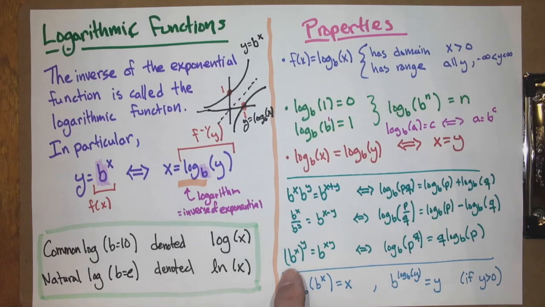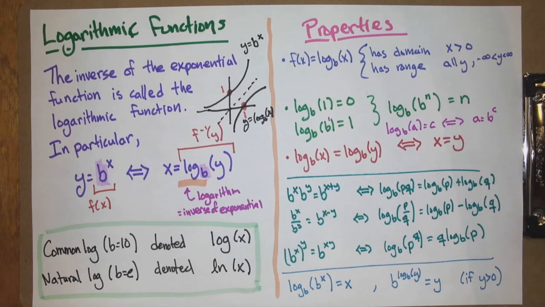And we have one other, b to the x to the power y is b to the xy. And that says log base b of p to the power q is q times log base b of p. So in other words, raising to a power comes down and becomes multiplication.